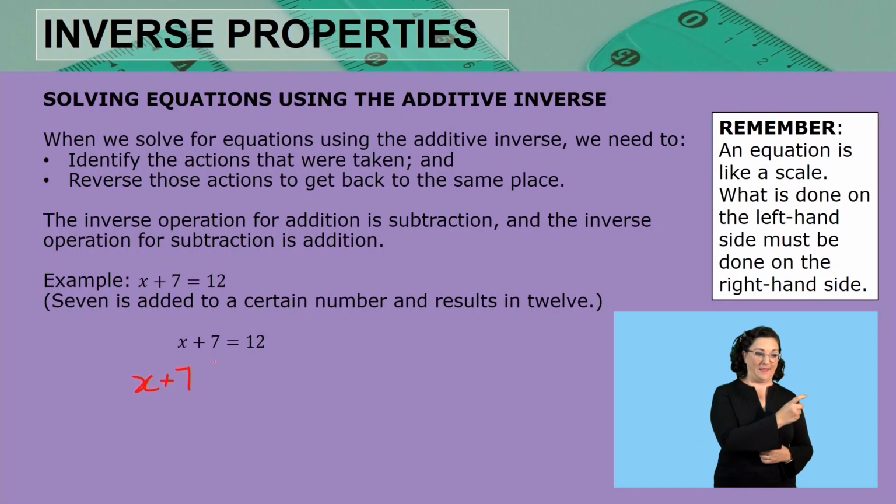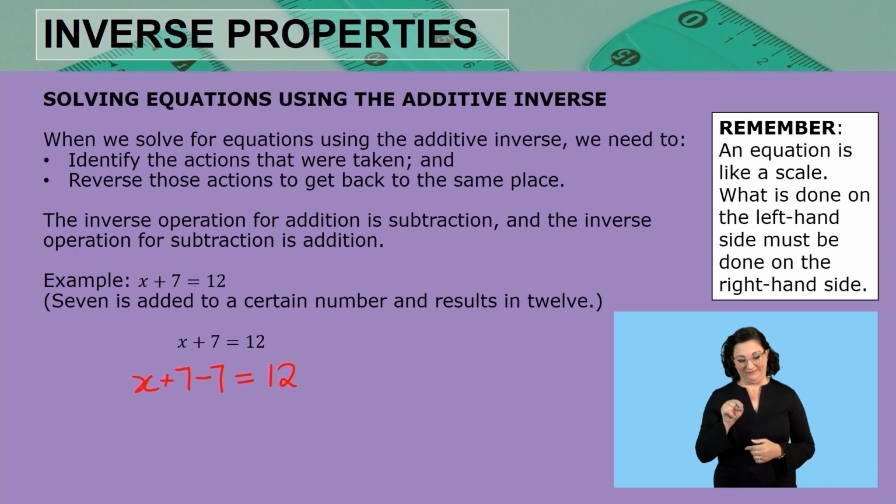We are going to need to take away this 7 from there. So from this x plus 7, we are going to take away that 7. It was added, we are subtracting it. And what I do now on one side of the equal sign, I must go and do on the other side of that equal sign.